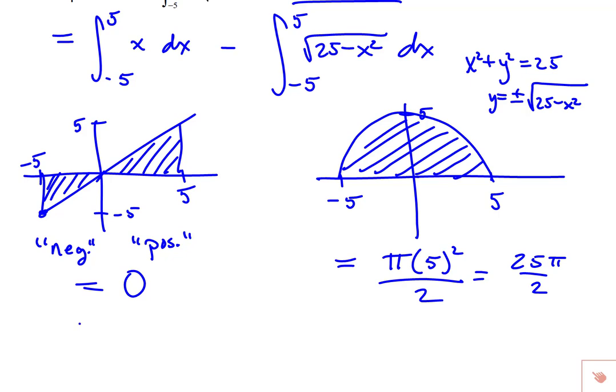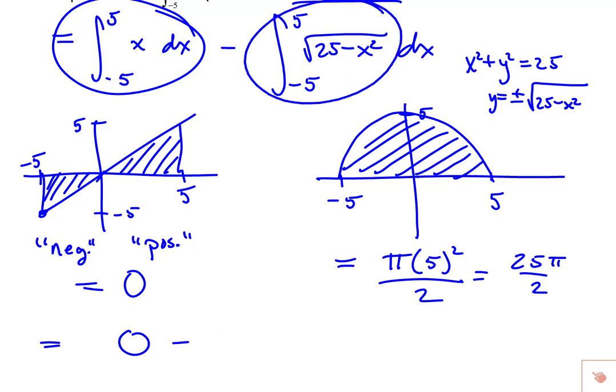So we can summarize our definite integral in terms of areas by knowing the first term we had split up turned into just 0, then we had minus, and then the second term, which was the semicircle, that was the 25 pi over 2, for an ultimate value of this definite integral of negative 25 pi over 2.